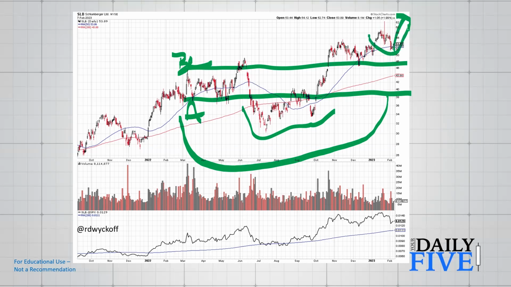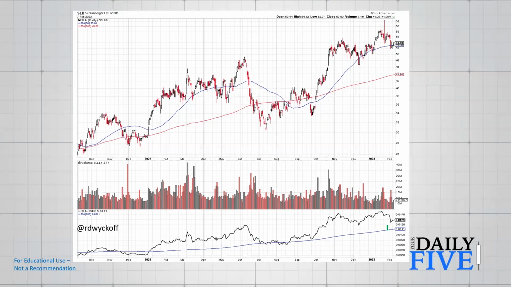We will see whether or not Schlumberger can get ahead of steam going here and continue an uptrend that really started back here in July. And note relative strength. Relative strength here, and this is the 200-day of the relative strength, is in a beautiful uptrend. We want relative strength and price to be above rising moving averages to confirm their leadership.